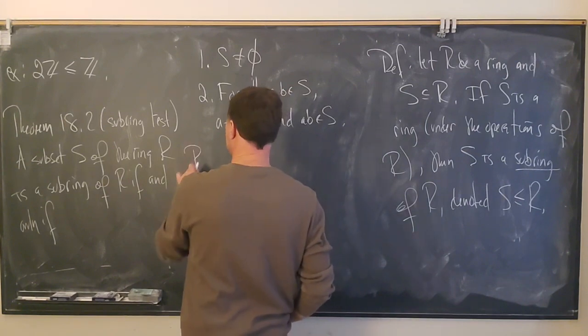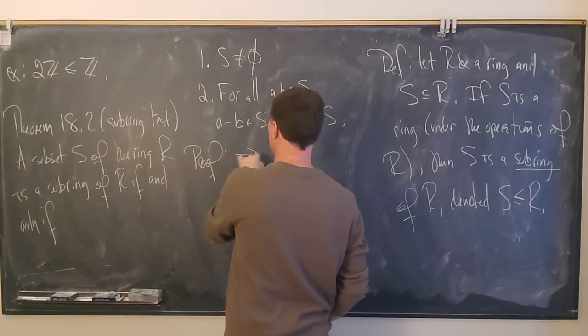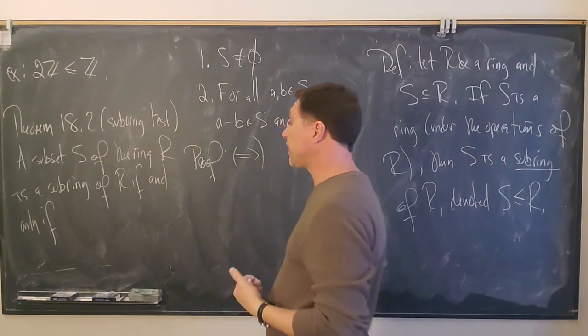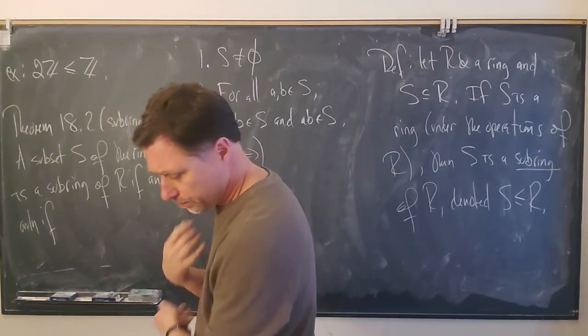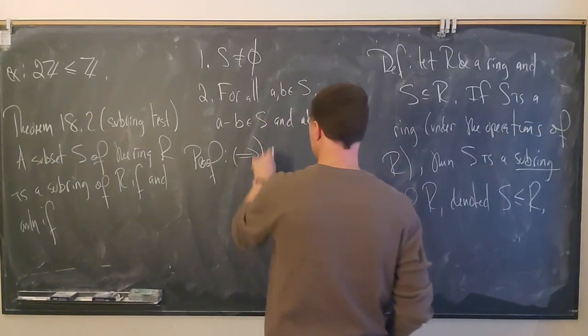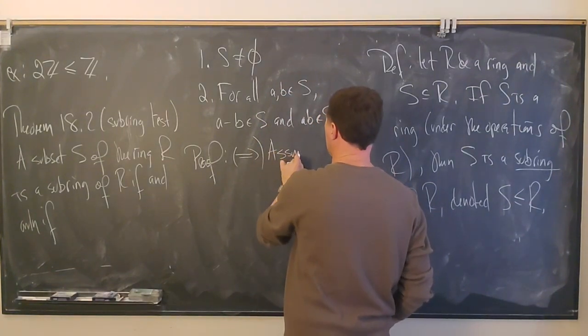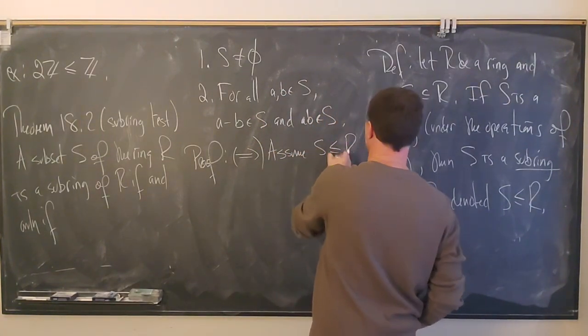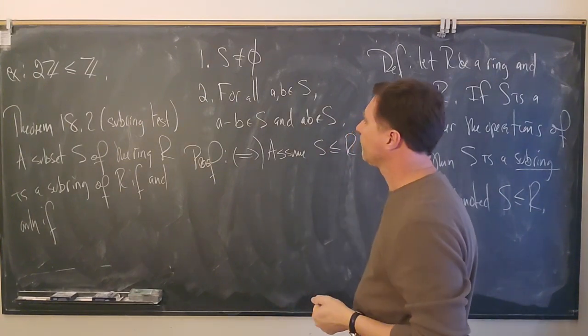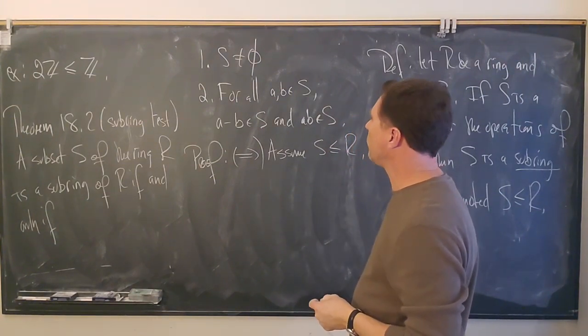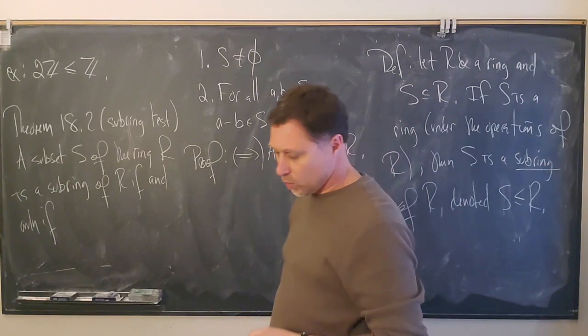So for the proof, this is an if and only if, so I've got two directions to check. In the forward direction, we're going to assume that S is a subring of R. Okay, so now what do I need to do? I need to show that it's non-empty. Well, of course it's non-empty.